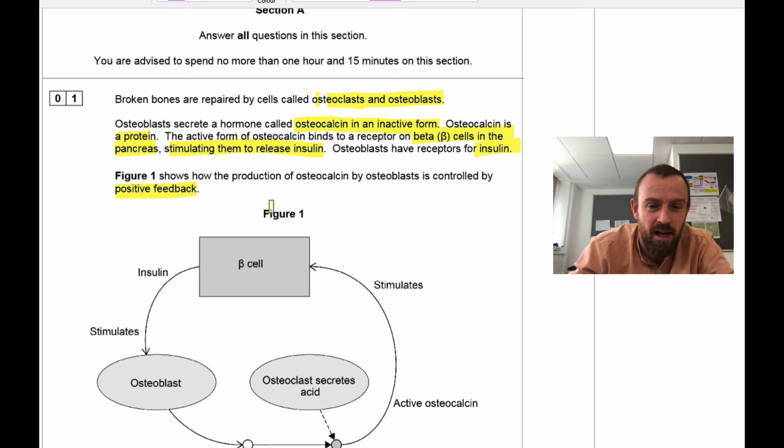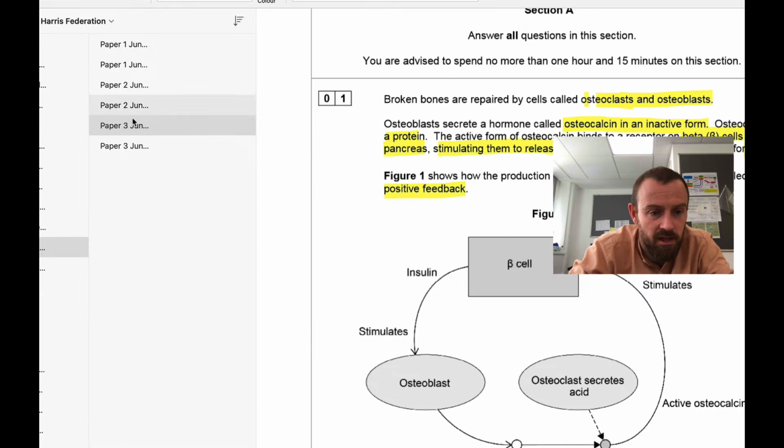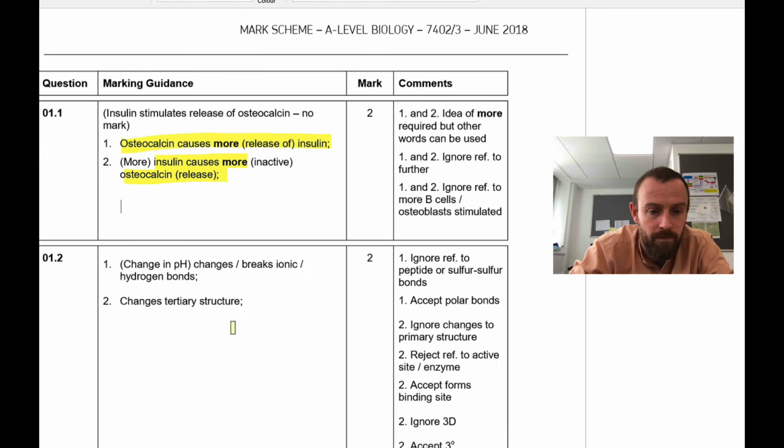Does it say receptors? Yeah, beta cell. Okay, let's check to see if that's about right. Yep. So pH changes or breaks ionic or hydrogen bonds, either one, and that changes the tertiary structure such that it can bind to the receptors.